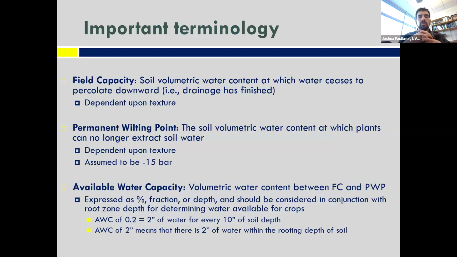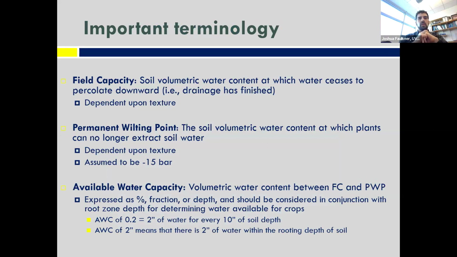Okay, a few important terms about percolation and soil water that I think are good to note. Again, they're maybe more relevant to later slides on irrigation and drainage, but they're key concepts to understand. The first one is field capacity.